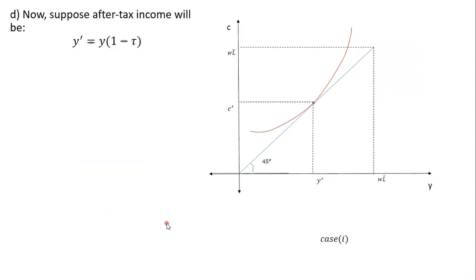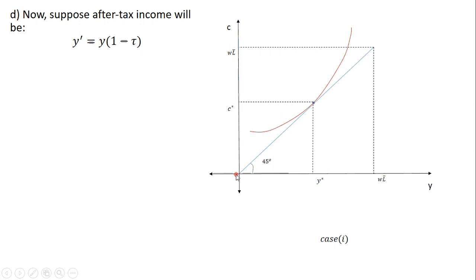Now let's come to the last part. Suppose after tax, income will be y dash, which is equivalent to y1 minus tau. So y dash is your disposable income after paying taxes at rate tau. Disposable income is the income which you can spend directly on consumption.